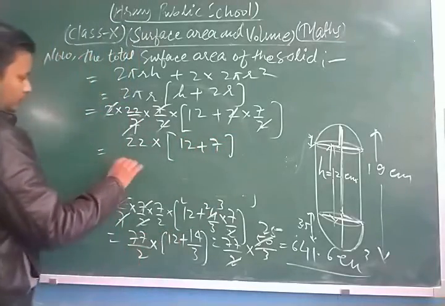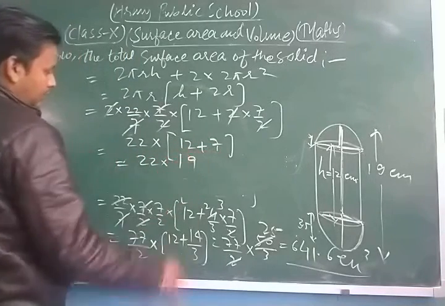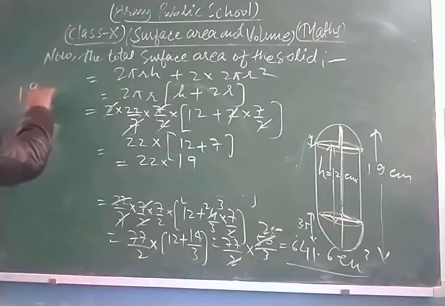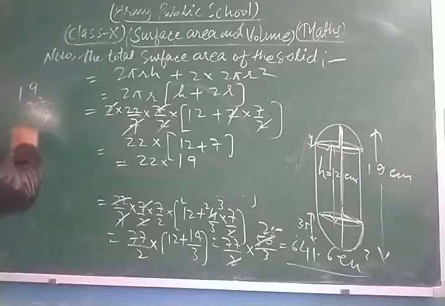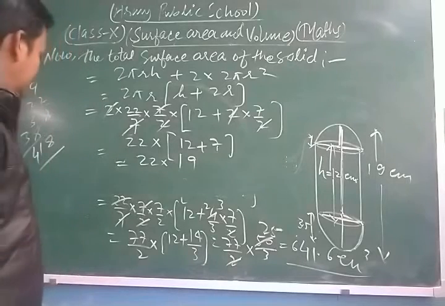So 22 multiplied by 19. After multiplying these two numbers, so we get what?